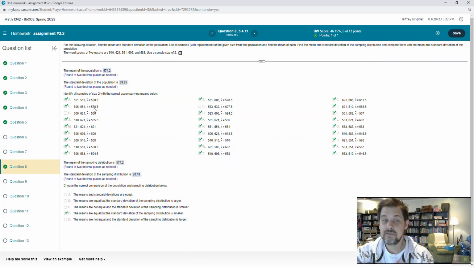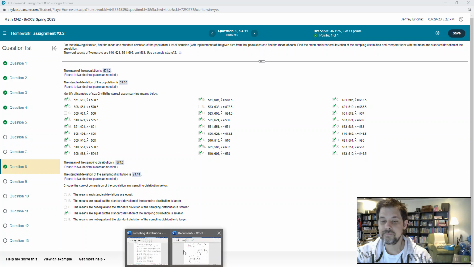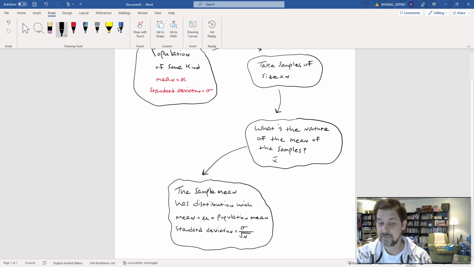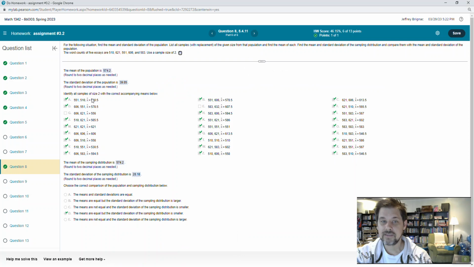So when I talk about how we're going to have a population, we take samples of size 2, we calculate the mean of each of those samples. That's the number I'm curious about, this X bar, this sample mean. Now I want to say, well, what's that number like? The mean of the sampling distribution and the standard deviation of the sampling distribution are next.